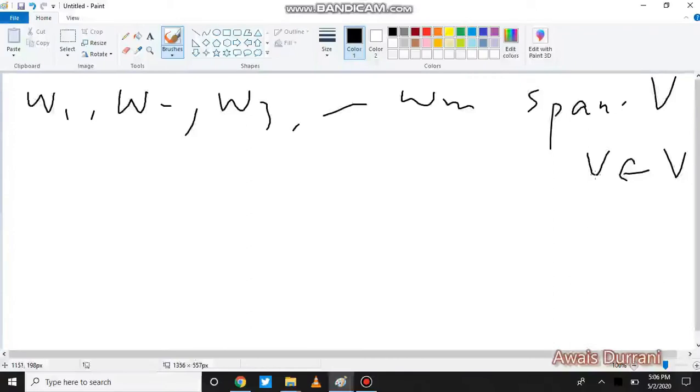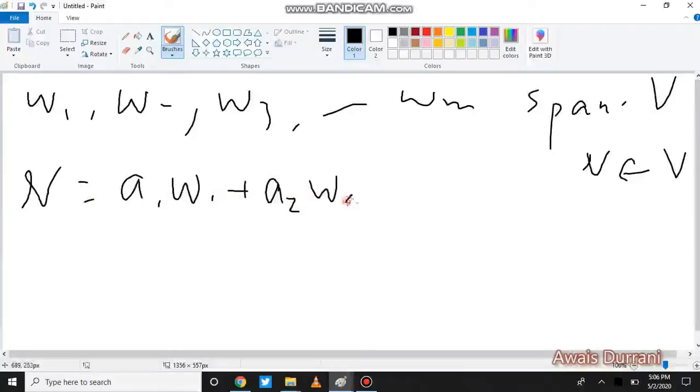For example, I take small v from this vector space V. Now this small v can be written as the linear combination of all those above elements, a1 w1 plus a2 w2 plus up to am wm, where a1 up to am are the elements of the scalar field K. So this is how we define spanning.